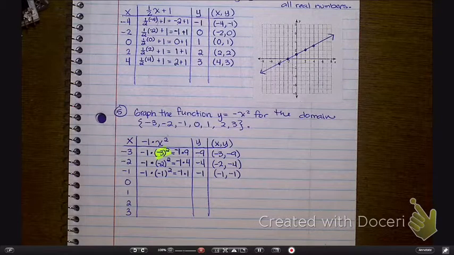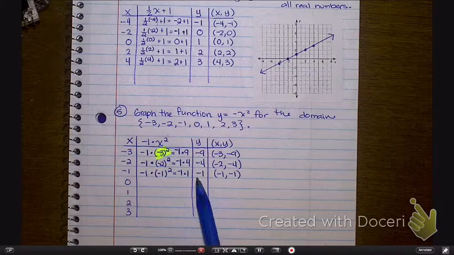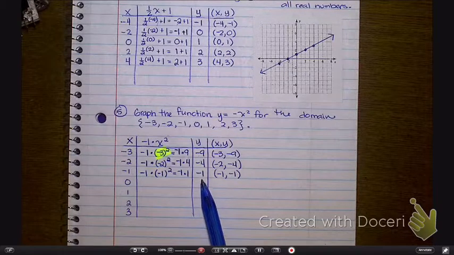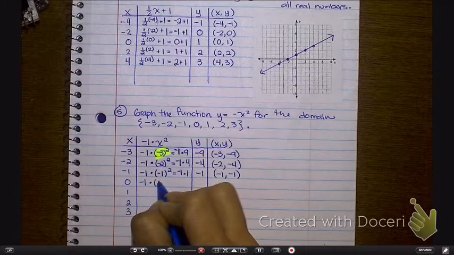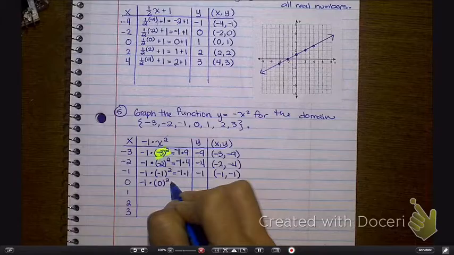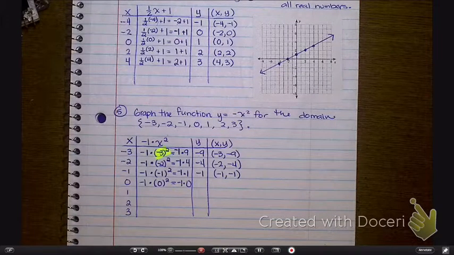Can you see how when we're working this, if we do it really fast, we could easily make a careless mistake and get a wrong sign for our answer? If we did this super fast and we're not paying attention to what we're doing, it's super easy to mix it up and get a wrong sign in our answer, right?